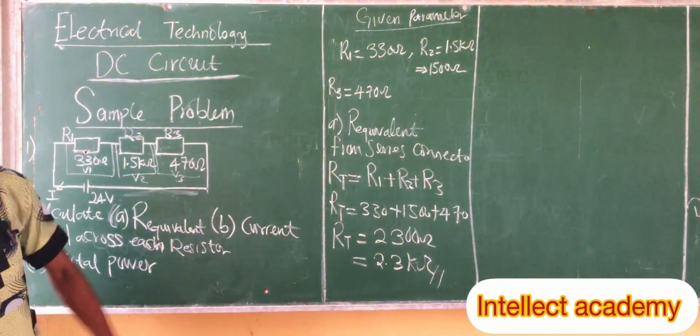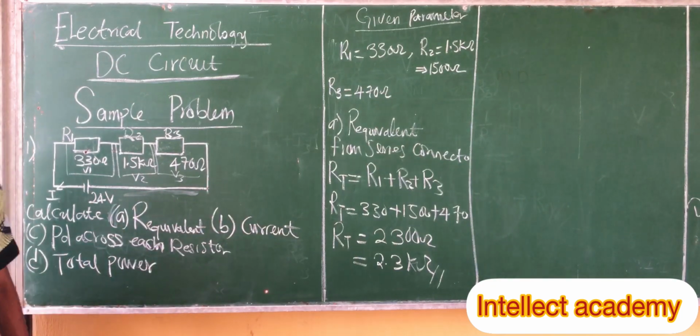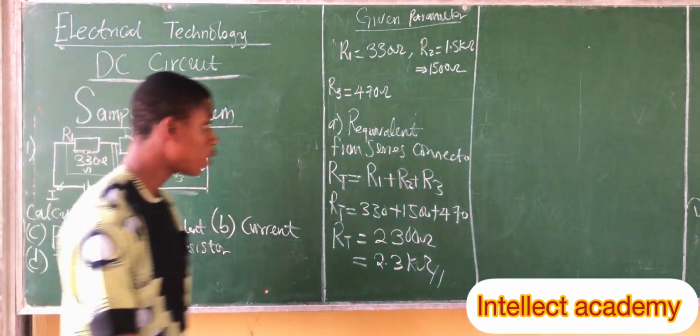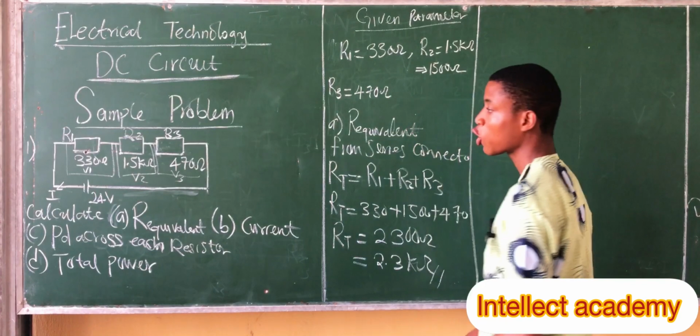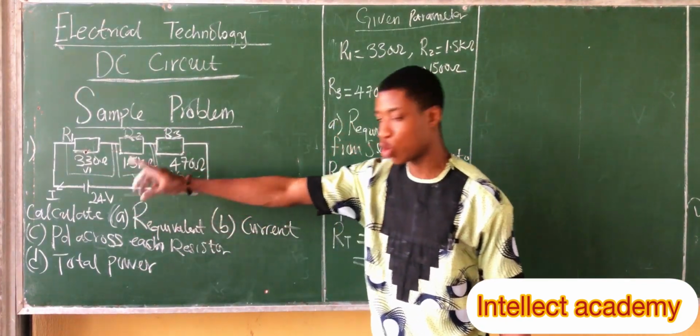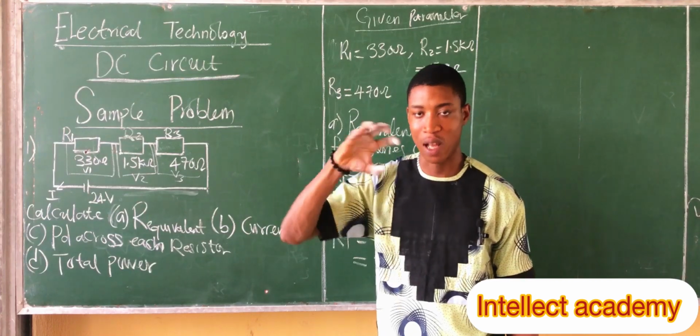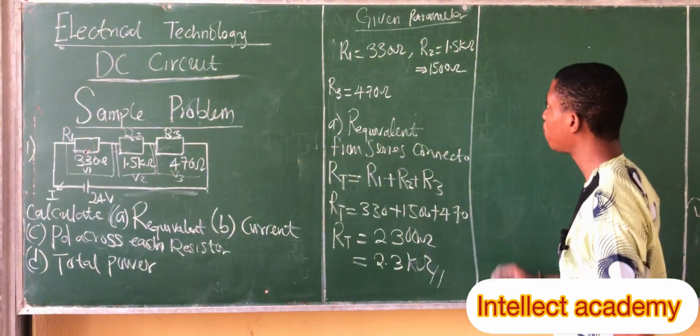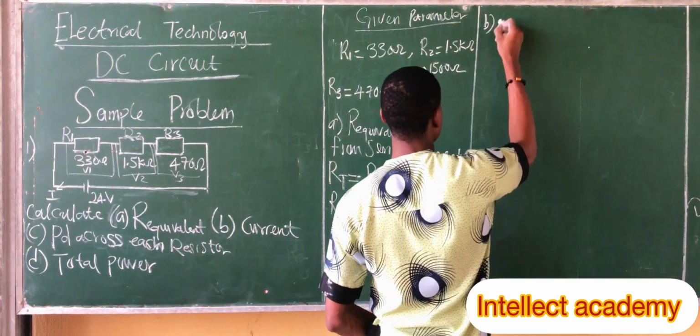Okay, now let's solve for the B, which is the current. For us to find the current in this circuit, we are going to use the total voltage and the total resistance. Now, the B part, we are looking for the current.